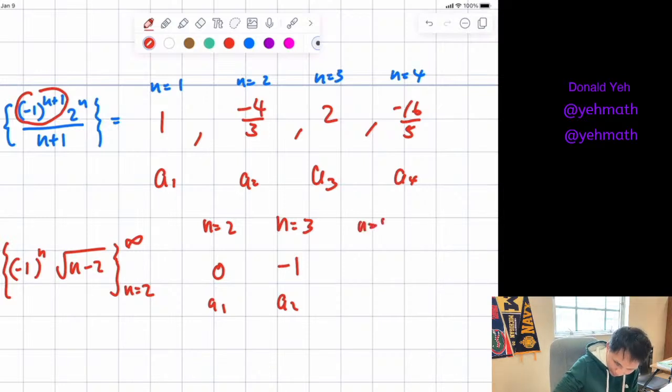What happens at n equal to 4? Square root of 2. See, in the past, if you saw this pattern, you probably could not tell what it was representing. But now you can start getting familiarized with it. So n equal to 4, n equal to 5 is what? Negative square root of 3. So this is A3, this is A4.